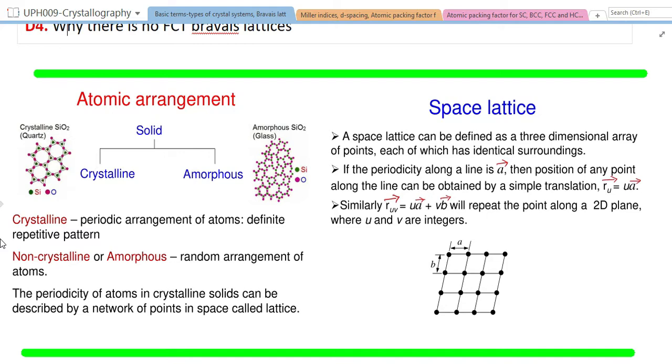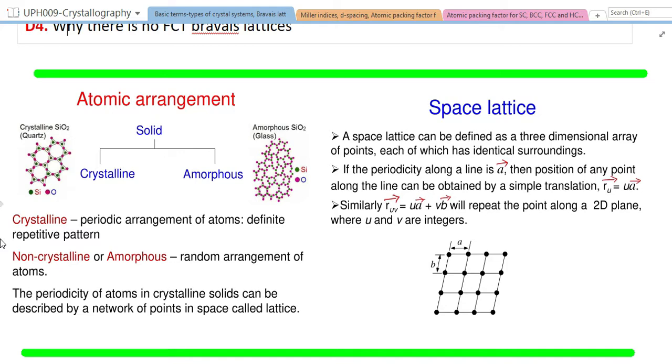So a lattice is a mathematical object, and when you put atoms or particles on the lattice, that gives you a physical structure, a solid, right? A lattice is made up of some basic units. In a lattice, you have repetition of a unit structure, and that unit structure is called the unit cell of the lattice.